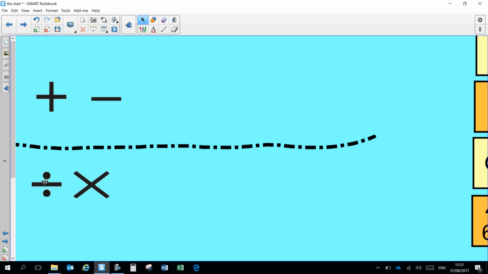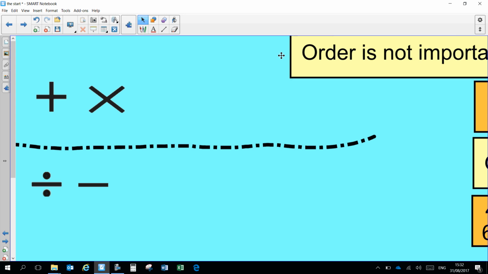But I want you to think about something else. I want to have addition and multiplication, and division and subtraction. So why have I put them in these sets? Why would I group addition and multiplication together?